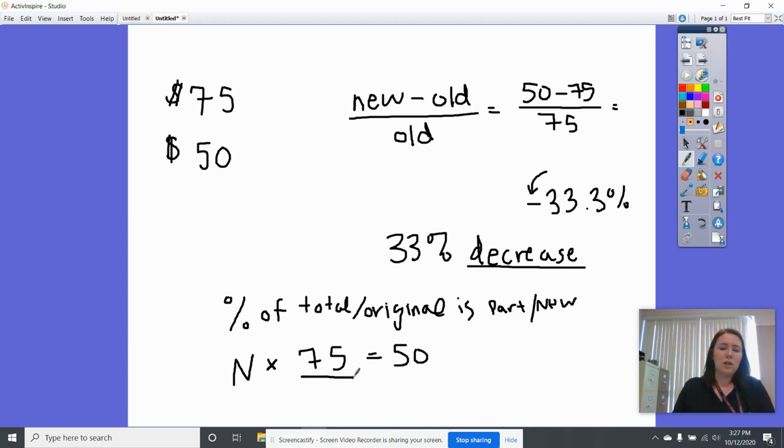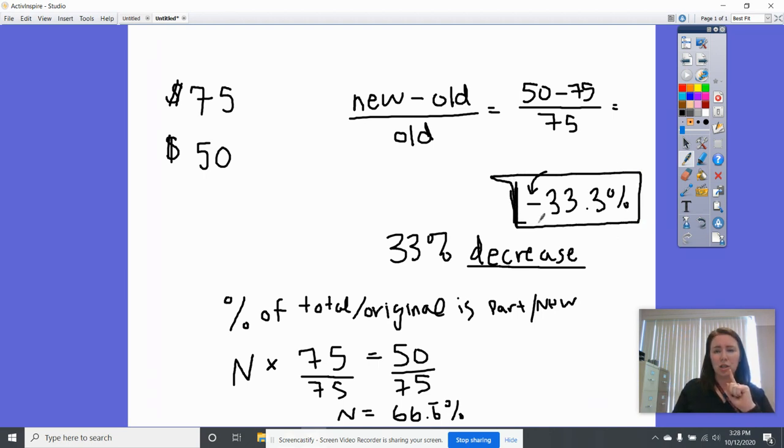Now it's just an equation, divide by 75 on both sides. And now this is why this one is tricky. Our answer is N equals 66.6 repeating percent. But wait a minute, over here we got 33.3 repeating percent. Why are they different? That is because this was the amount of decrease. This is the answer that we are looking for.